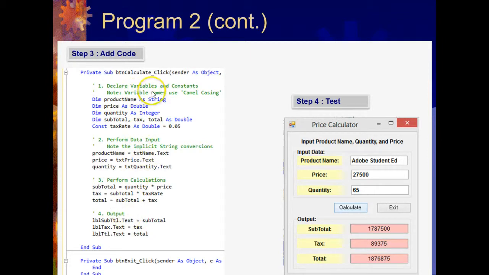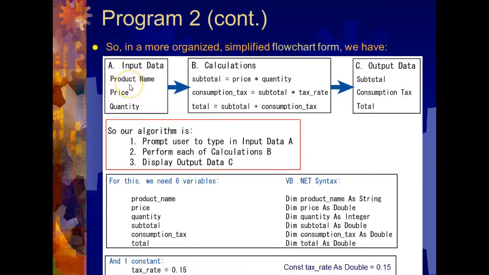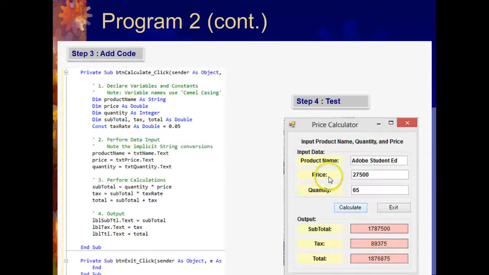Okay, so declare the variables. Here we talked about using several different variables: product name, price, quantity, subtotal, tax total, and tax rate, which is a constant. We declare them just the way we talked about declaring them over here. And we assign tax rate as double, and here it changed it back to 0.05.